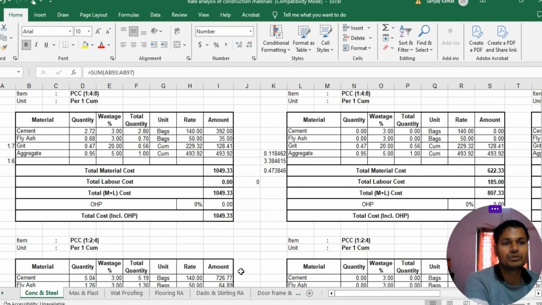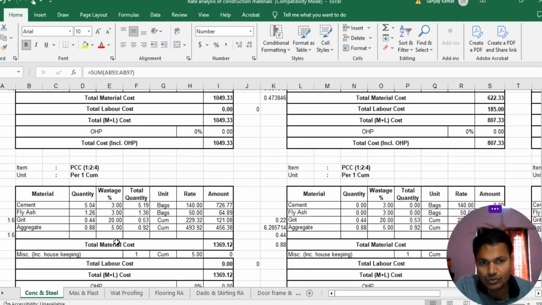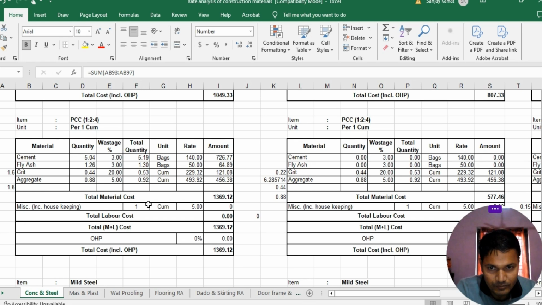This is nothing but the grade of the concrete. The ratio is in the grade of concrete. So for PCC 4, we will do the same thing: take the cement, fly ash, grit and aggregate, and sum all of this.